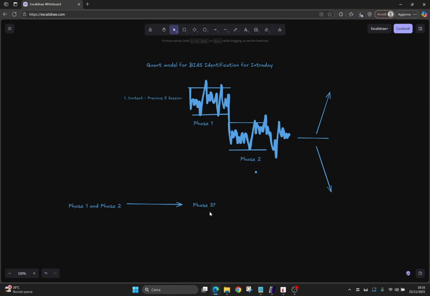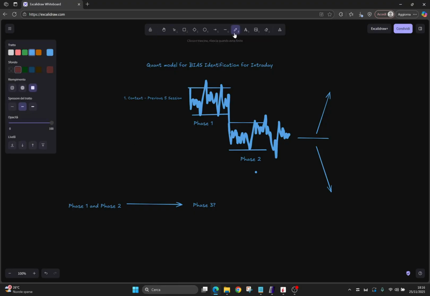But if the market is saying, look, for one full day, 24 hours of interaction between buyers and sellers, in the end the battle was won by sellers. We accepted value lower. After another 24 hours, the sellers are willing to protect their position.